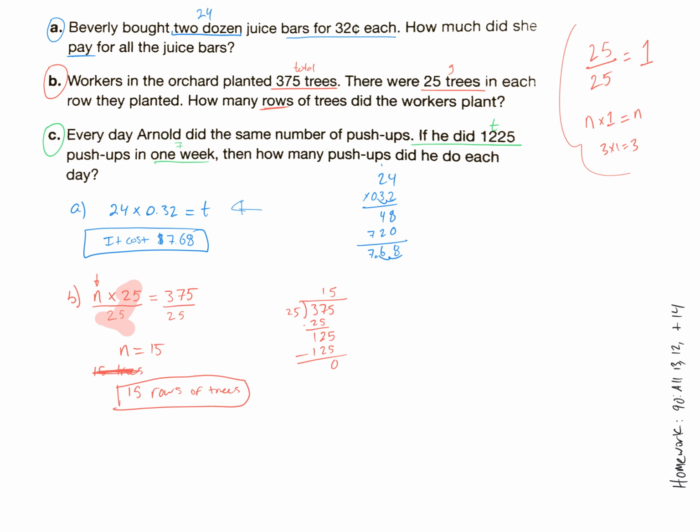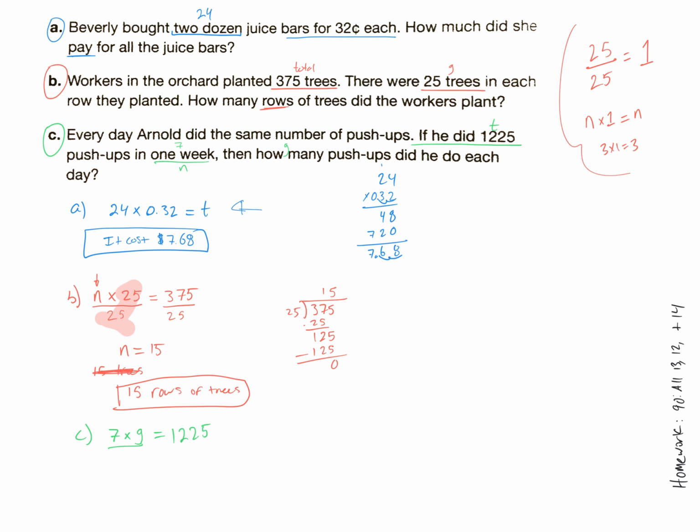This is my n, and it's wanting to know the g, how many push-ups he did in each group. So for part C, I'm going to say 7 times g, the number in each group, gives me a total of 1,225.